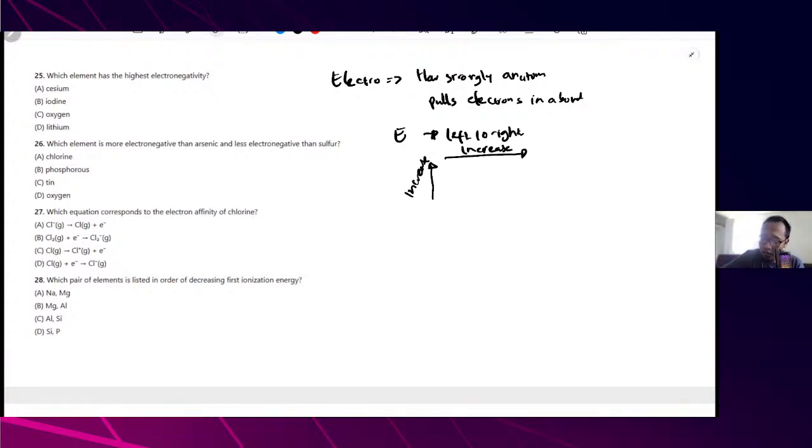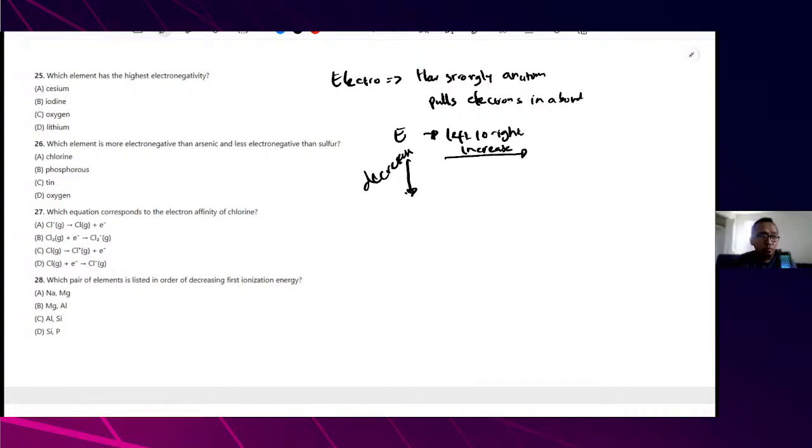So I just want to recap a little bit over here. As you move from left to right, it will be increasing. But when you start from the top and go to the bottom, it will decrease. This is the general concept of electronegativity.